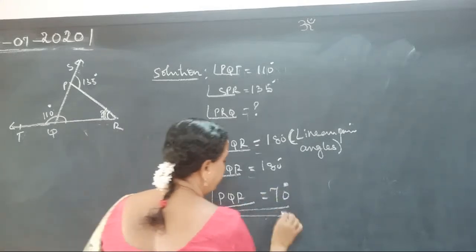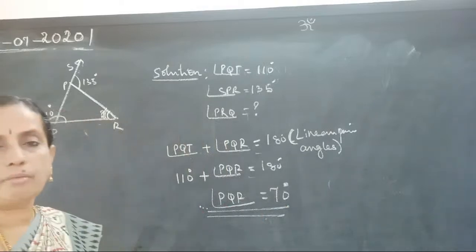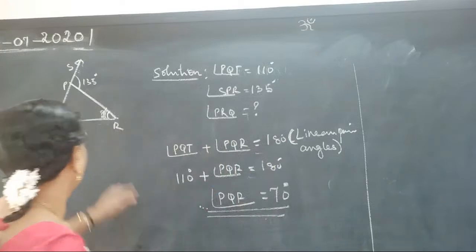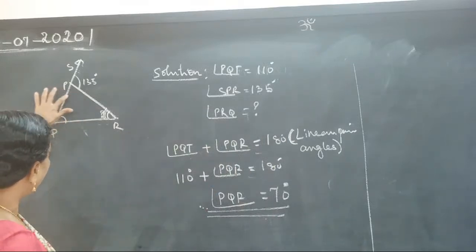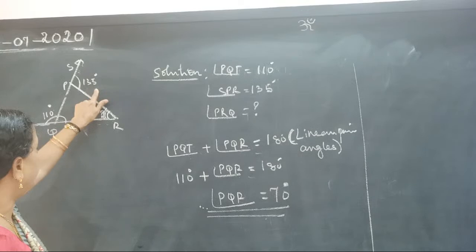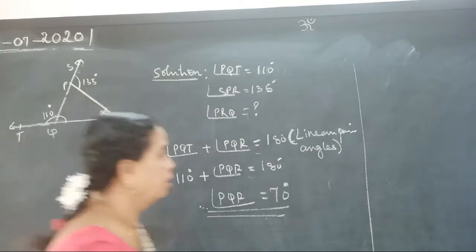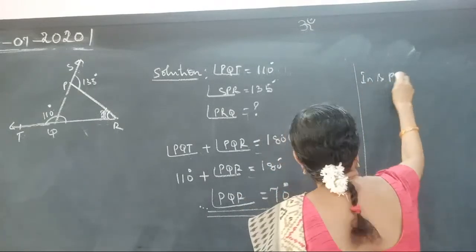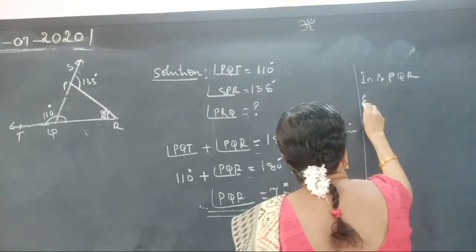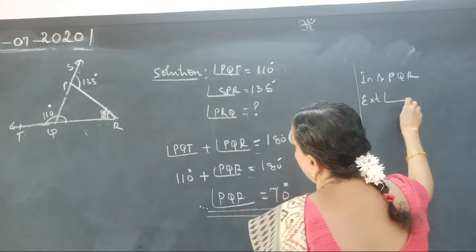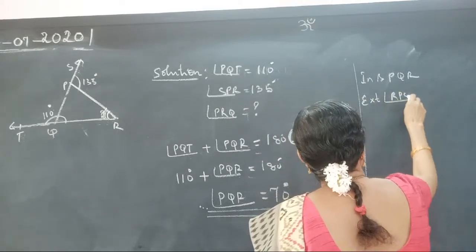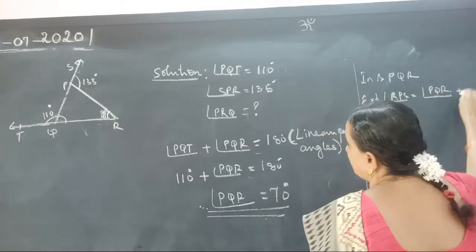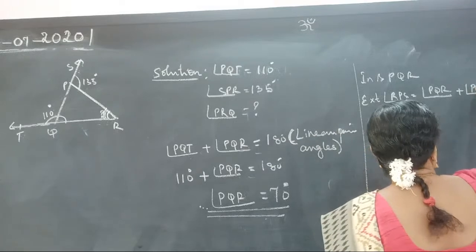Underline using pencil the first part of the problem. Next, here we can use the linear or angle sum property again, or directly the exterior angle property. That is, in triangle PQR, exterior angle RPS equals angle PQR plus angle PRQ.